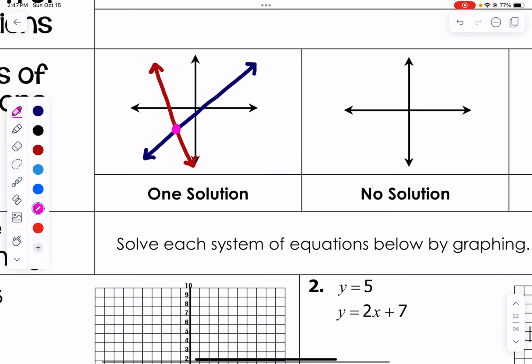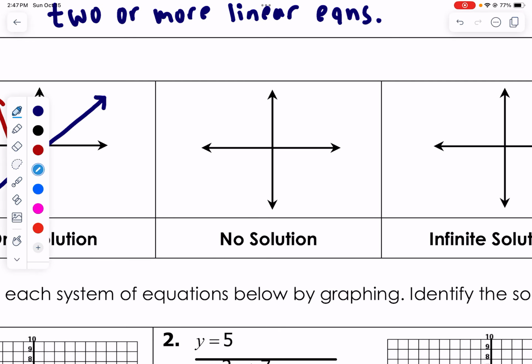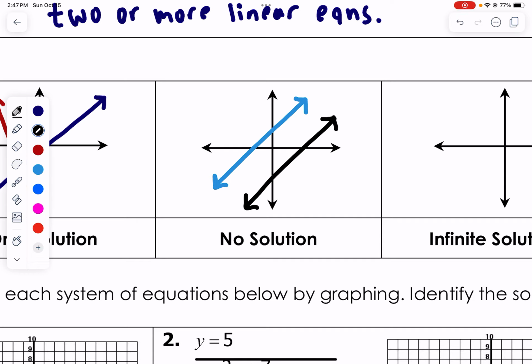And then in the other case, we have a situation where there is no solution. It would look like this graphically. Let's say you have a line like this, and then some other line like this. Notice that these two lines do not intersect with each other at all.